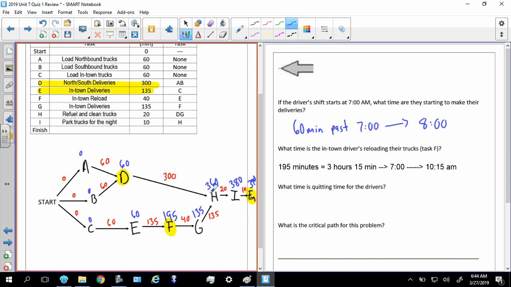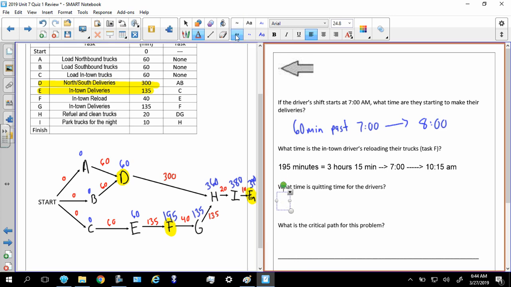All right, so what time is quitting time for the drivers? Again, quitting time for the drivers is 390 minutes, and that equals 6 hours and 30 minutes.